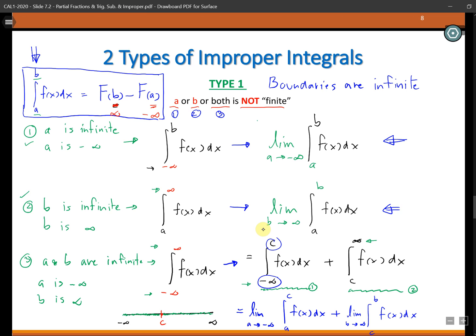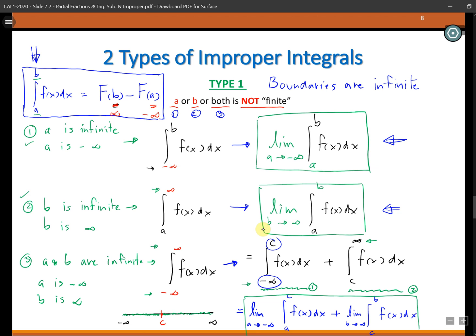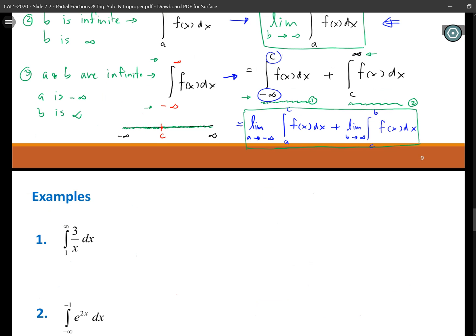Once you arrive at this form, all you need to do is to perform the integration as you normally do. Alright? This type of notation is more clear. So let's use that in some of the examples in the next slide.